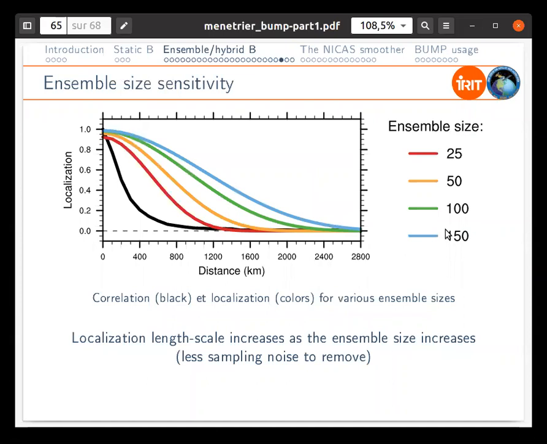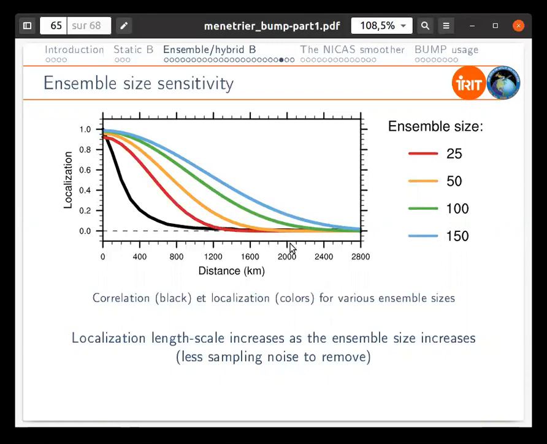To finish for today, I have a simple example of the sensitivity to the ensemble size. Here we compute the localization function, in color, for different ensemble sizes. If we have only 25 members, the localization function is narrow because we will have a lot of sampling noise, since we don't have many members.